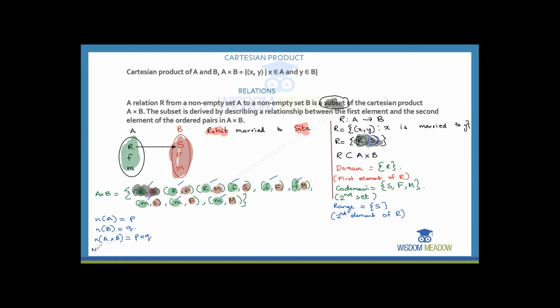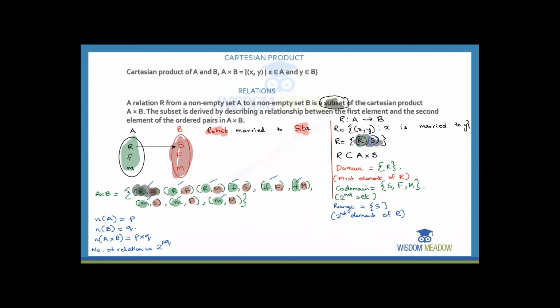And the number of relations possible, as I've told you, relations are the subsets of A cross B. So relations possible will be 2 raised to P into Q. This is using the concept we have learned in the last slide.